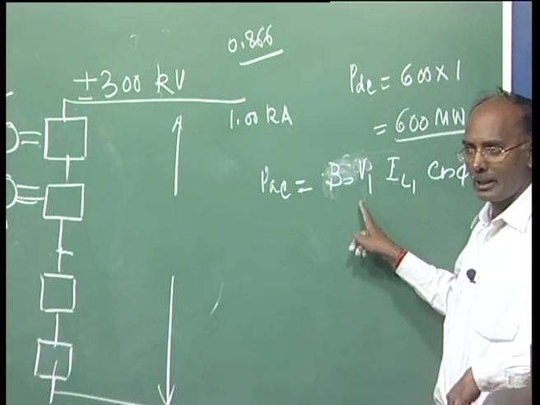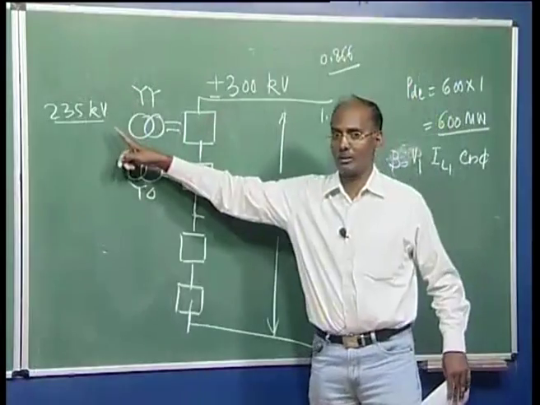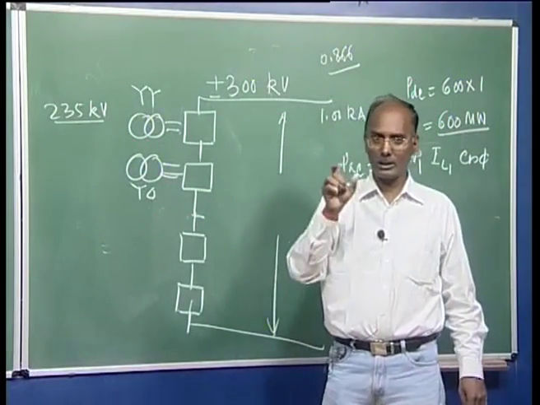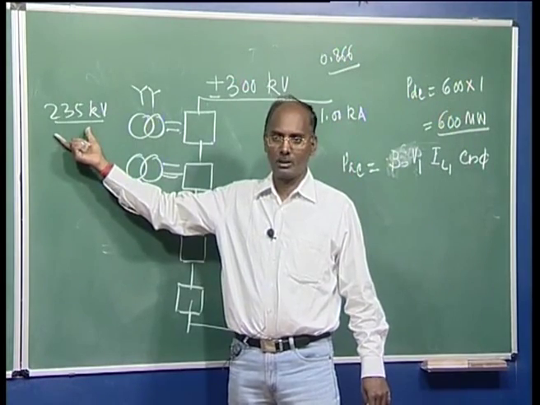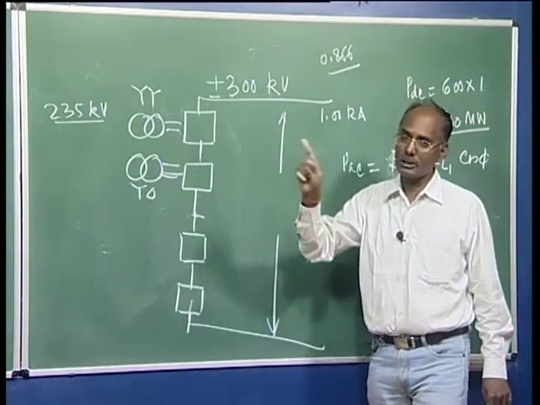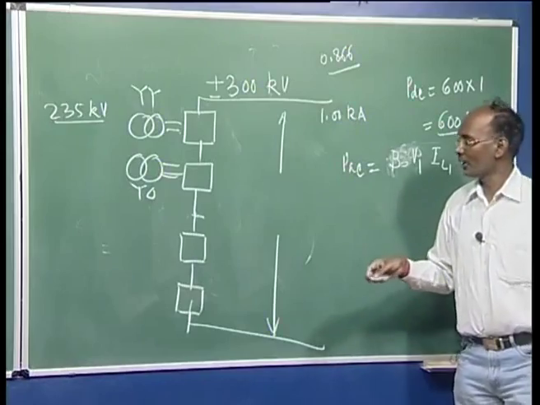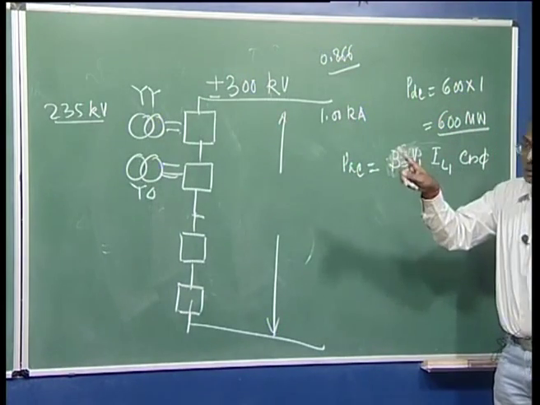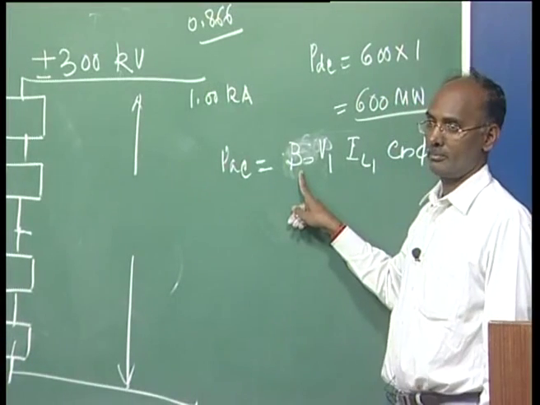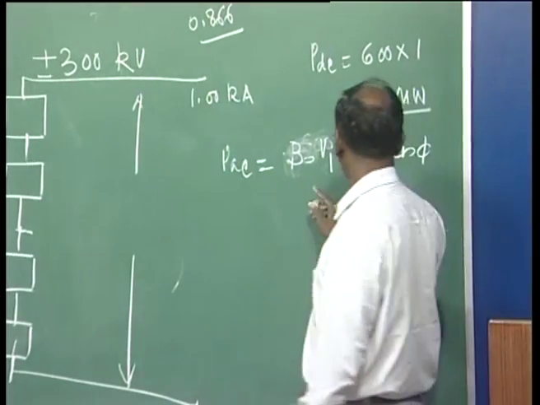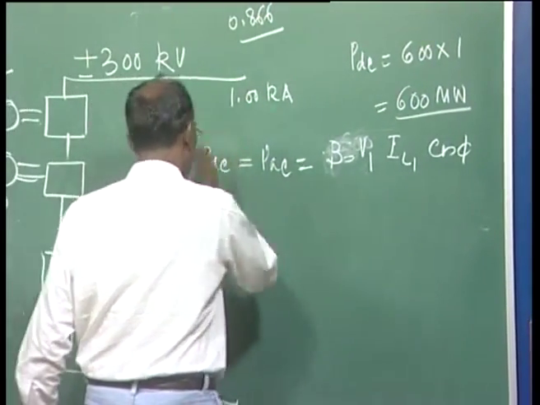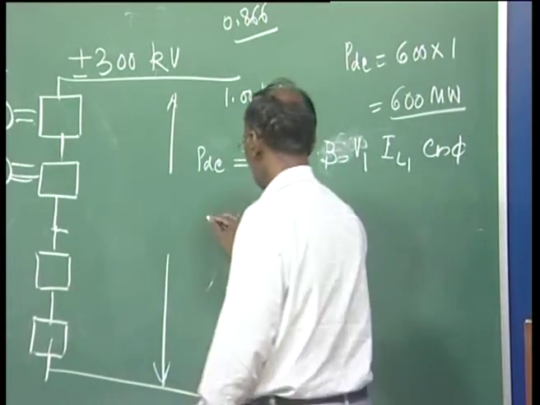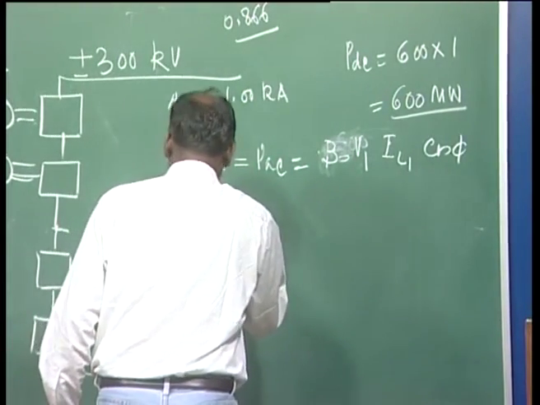If you are taking the line to line value directly, you only get confused. If nothing is said, it is always line to line, and in whatever expression we are using, the per phase value is used. So, if you are taking V1 in that way, then it will be 3 times here, and this will be equal to your PDC, which is 600 megawatt.